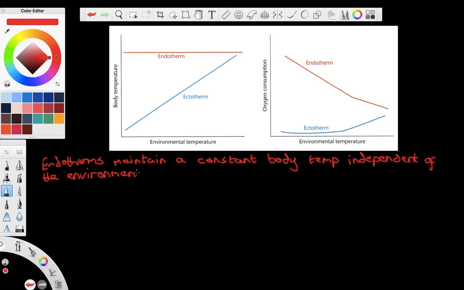But ectotherms' body temperature will increase as the environment temperature increases.